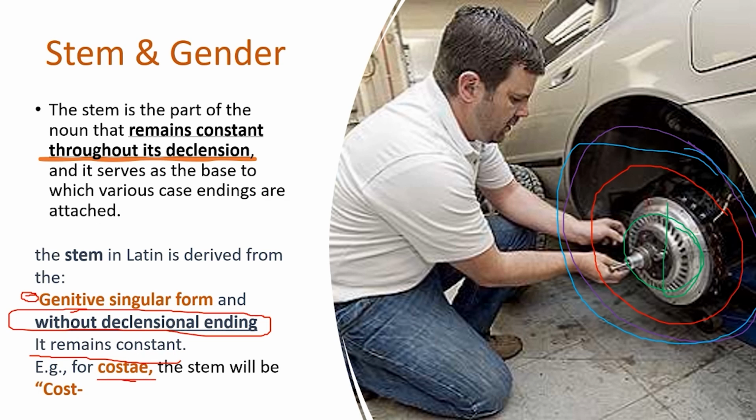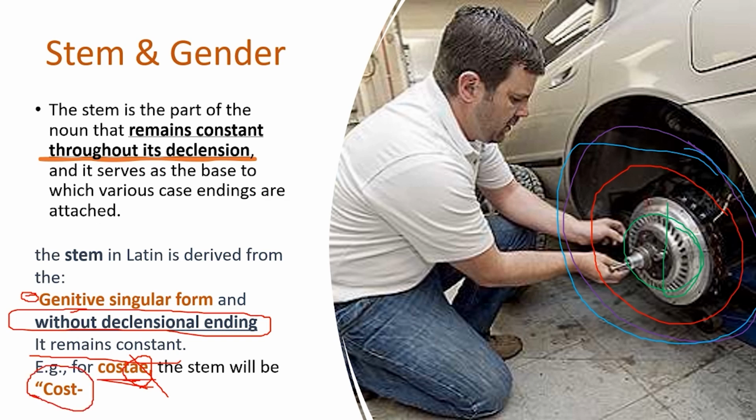What you need to do is take the genitive singular, costae, and use it without the declensional ending. The declensional ending is the ae. So we need to remove this declensional ending. If you remove it, what remains is cost. So this is the stem.